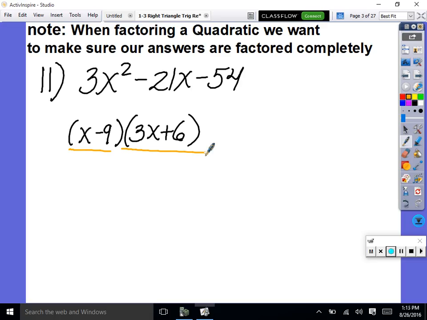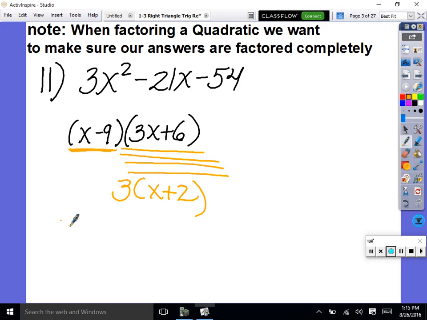Now you look at your factors and say, yeah, that's great. But now can we factor even further? x minus 9, is there anything more in common? No. Well, look at 3x plus 6. Couldn't we factor a 3 out of that? And then left would be x plus 2. That's considered being factored completely. So we have a 3 in front, an x minus 9, and an x plus 2. Does everybody see how to factor it completely?